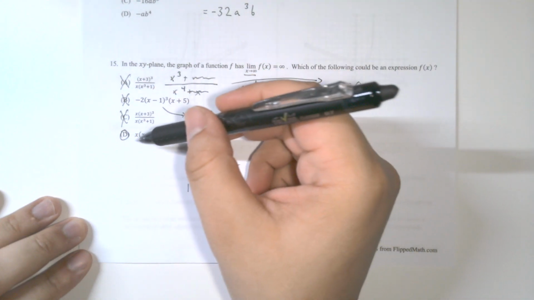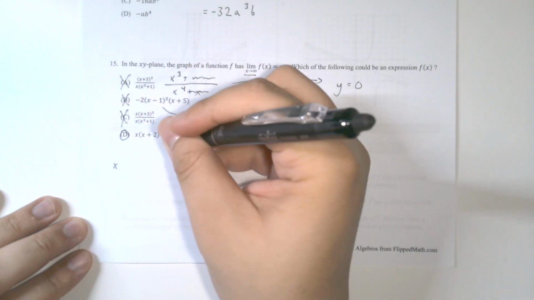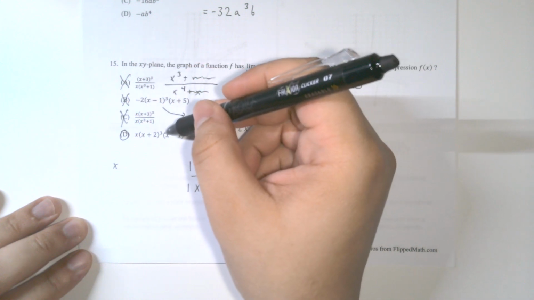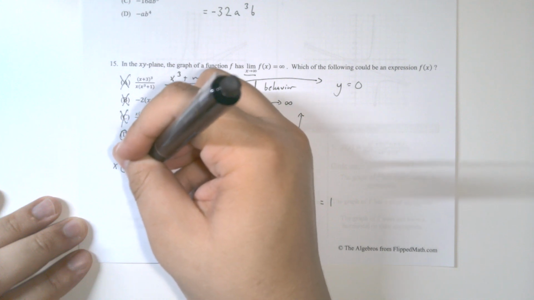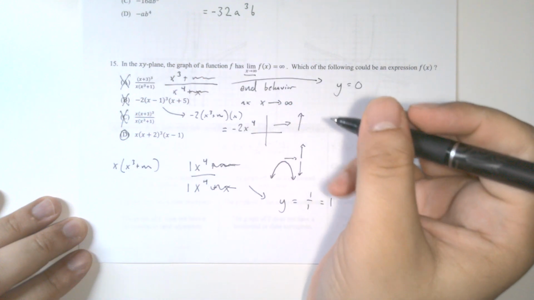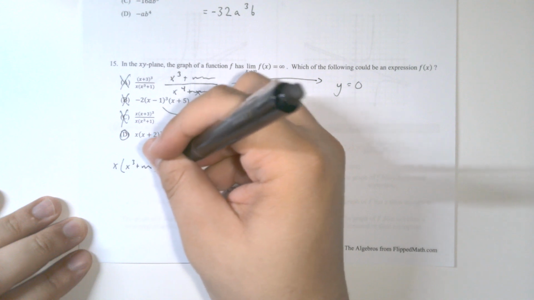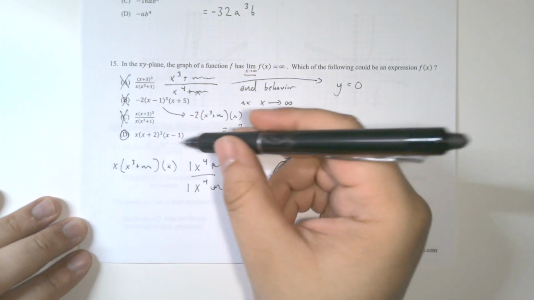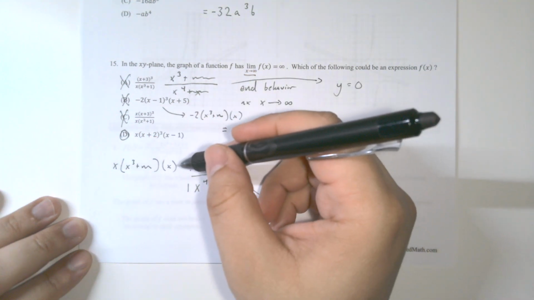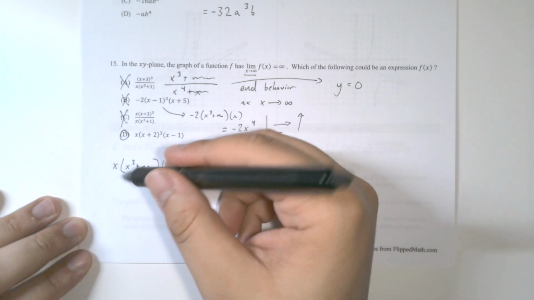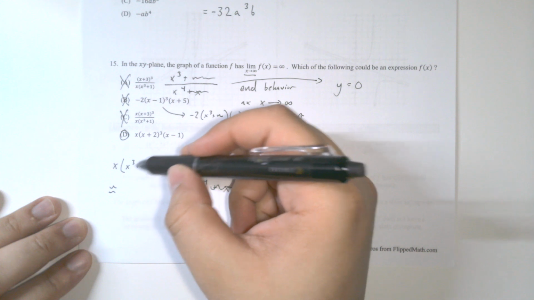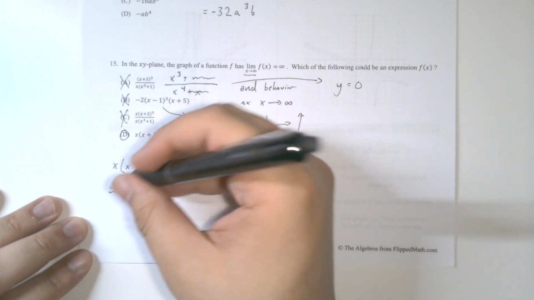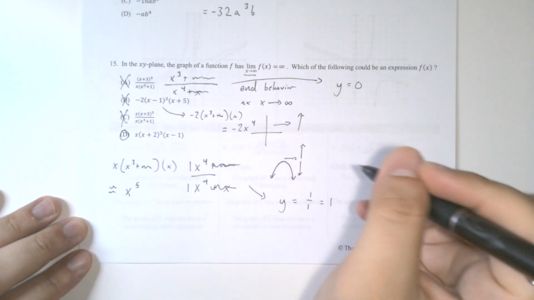So for x here, we have x plus 2 cubed, and that's going to give us some x cubed plus unimportant information, and then times x minus 1, but again, unimportant information. And really, this is going to be approximately equal to x times x cubed times x, which is going to be x to the fifth.